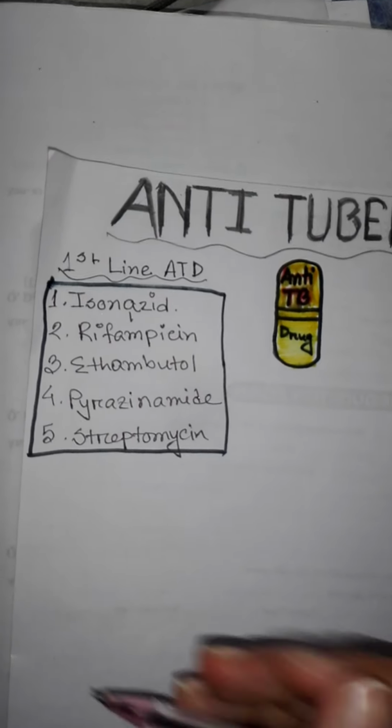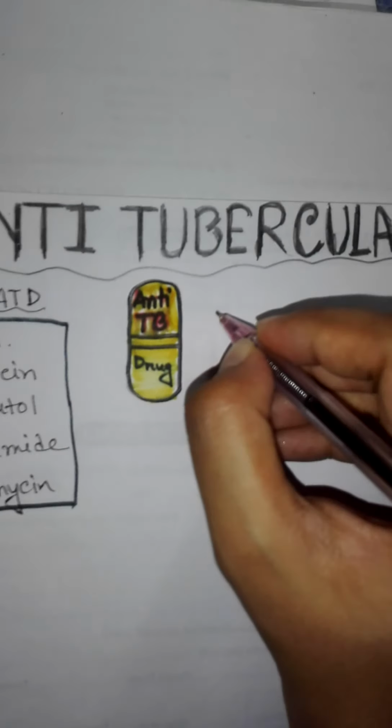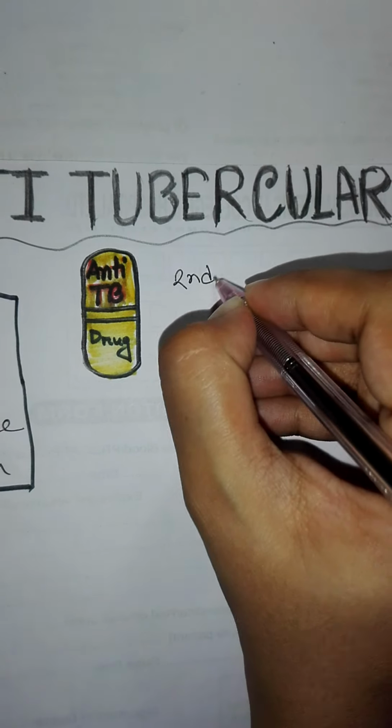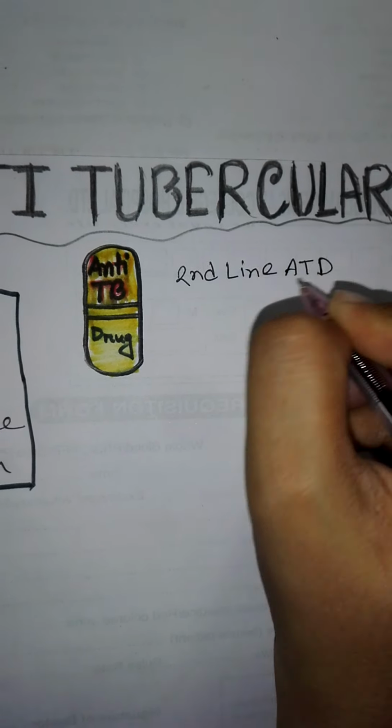Now, what are the second line anti-tubercular drugs?